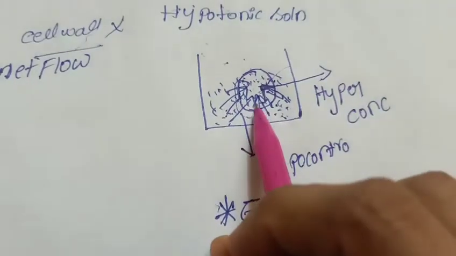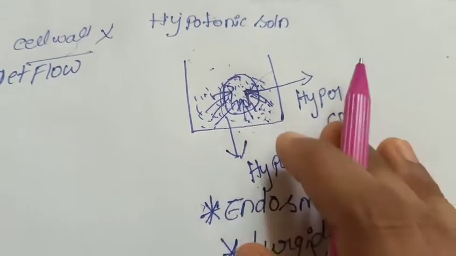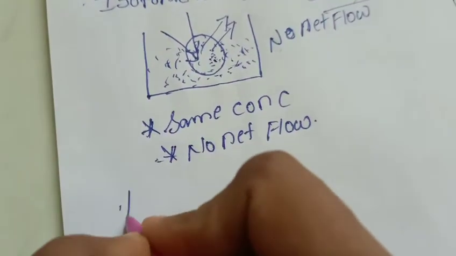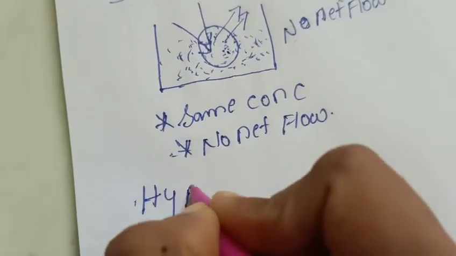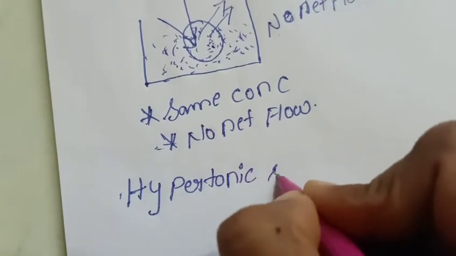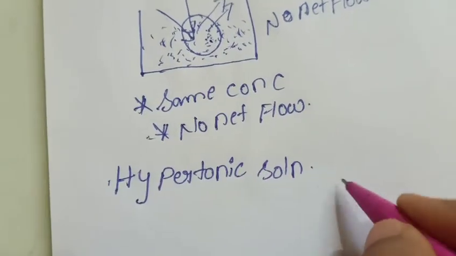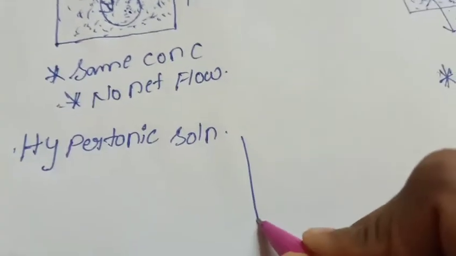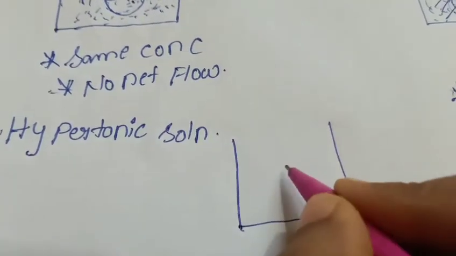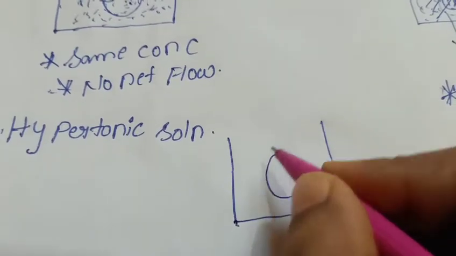Okay. And now when we come to the hypertonic solution, what will happen here? Again it is an animal cell.